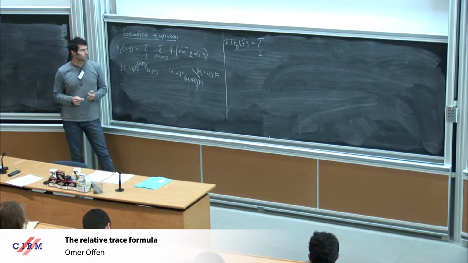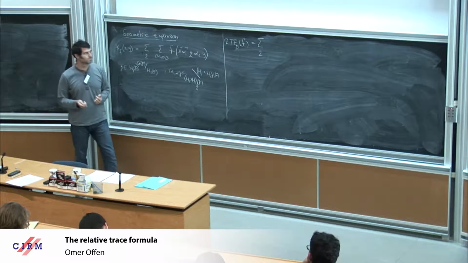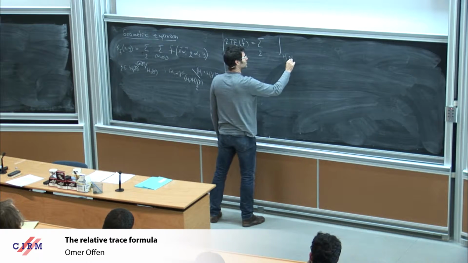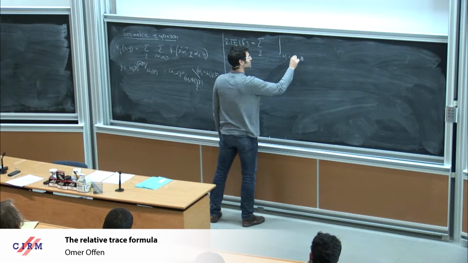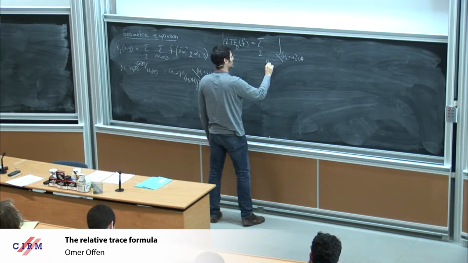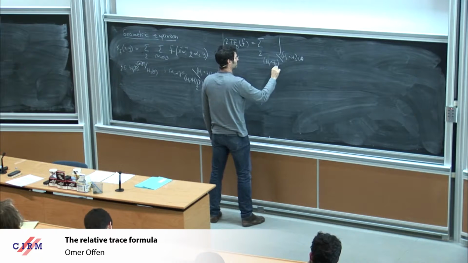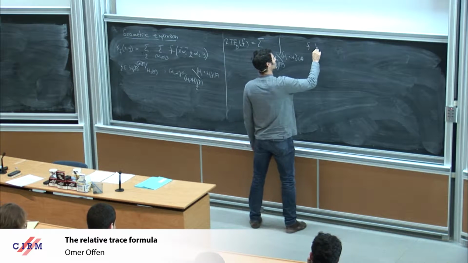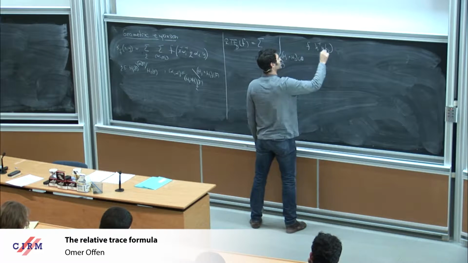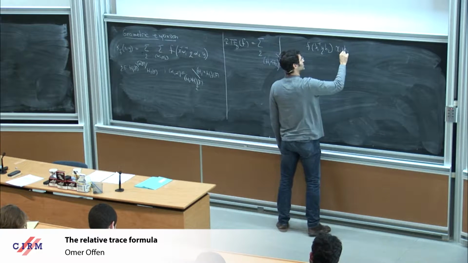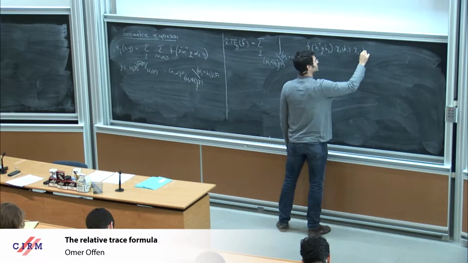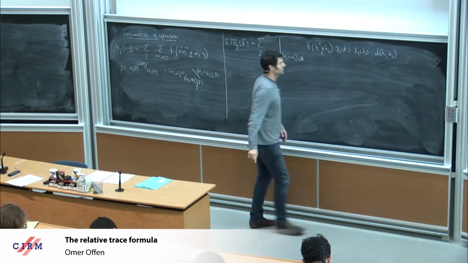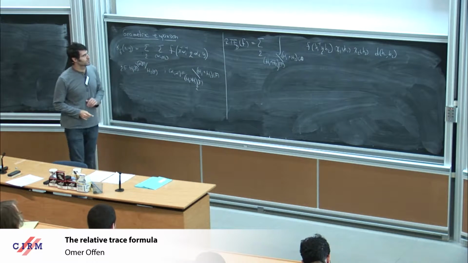So I can join the integration and the sum, and we obtain an integral over H1 cross H2 of the Adeles mod the rational points of the stabilizer of f of H1 inverse eta H2, chi1 of H1, chi2 of H2, dH1 H2.